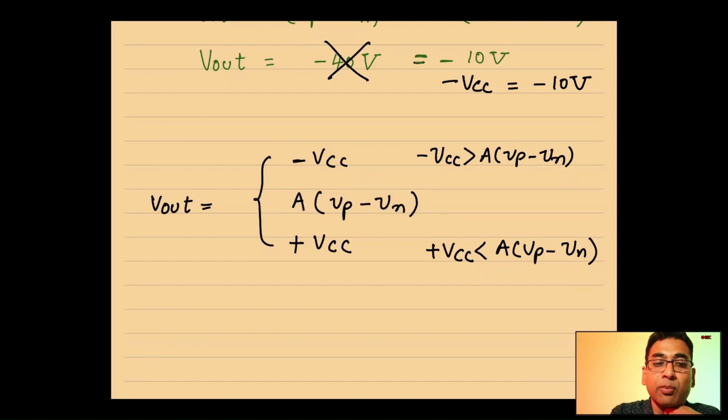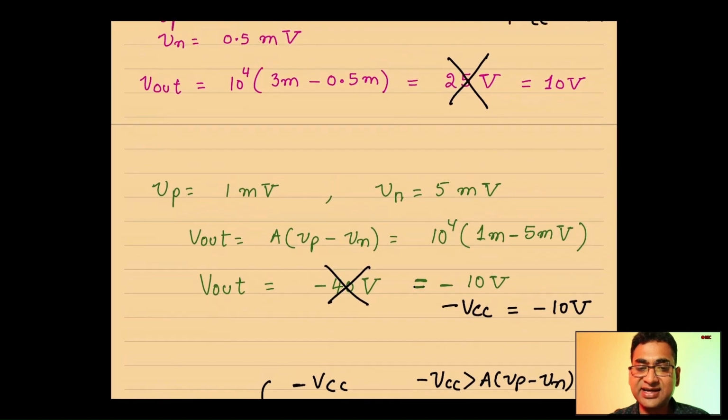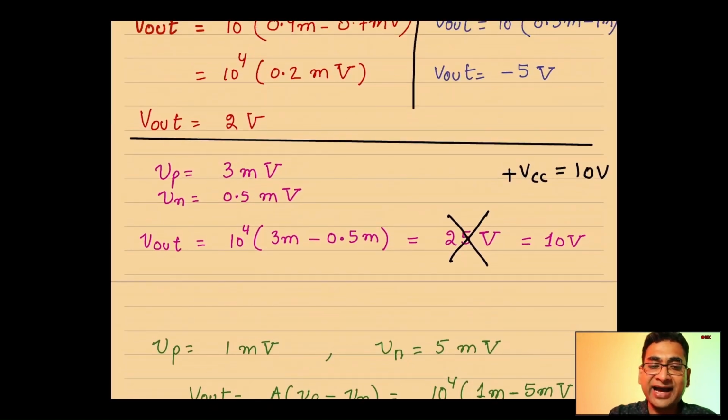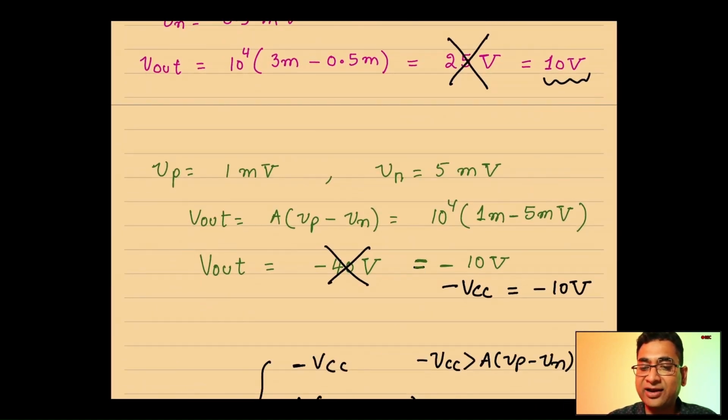So both of these regions are called saturation regions. There's no rocket science to this. Just pay attention. The maximum value of the output is plus VCC. The minimum value of the output is minus VCC. That's all this equation is saying.